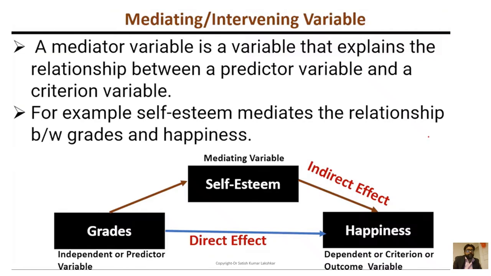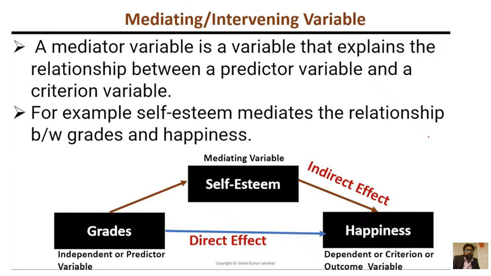So let's talk about one more example. For example, self-esteem. It's a hypothetical example. Self-esteem mediates the relationship between grades and happiness. In this case, the independent or predictor variable is the grade, and the result is happiness.